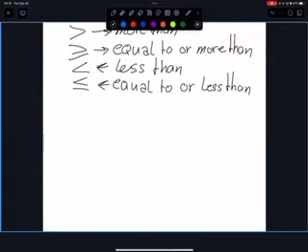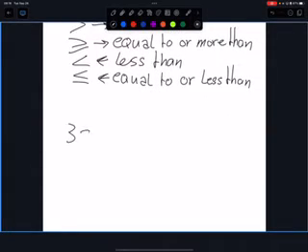So you get the same exercise. Which exercise? 3x plus 5, bam, 14. Same thing.